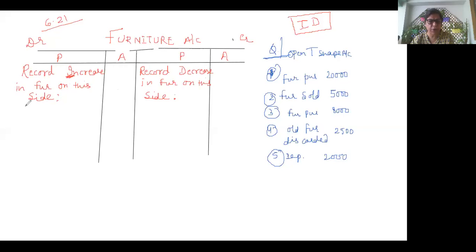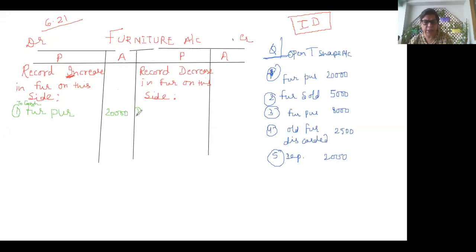So one by one, when furniture purchase, you will enter this side simply. Or you can write to cash, furniture purchase, 20,000, because your cash is going out. Why on the debit side? Because the value of furniture is increasing.